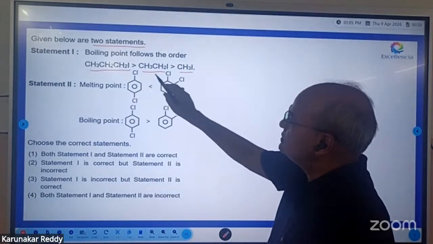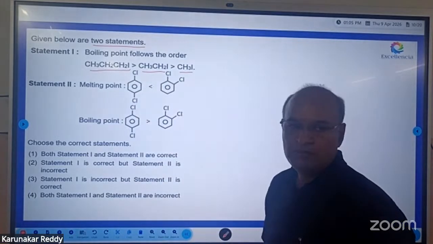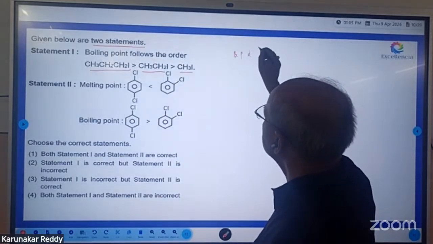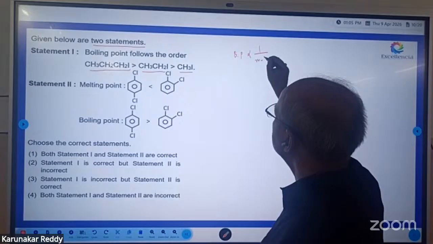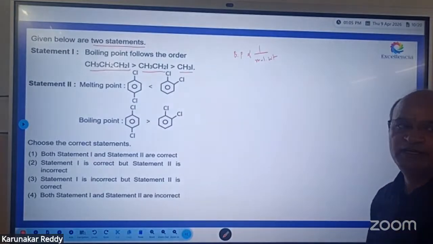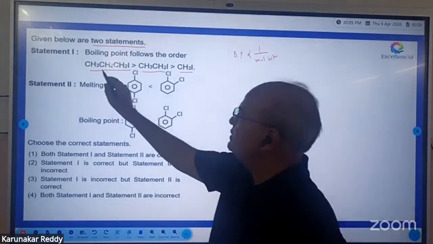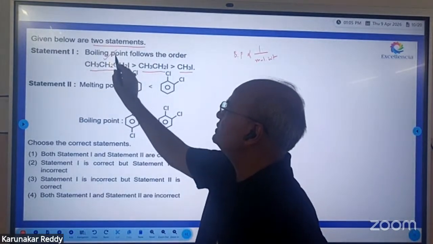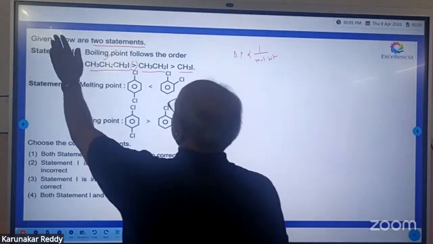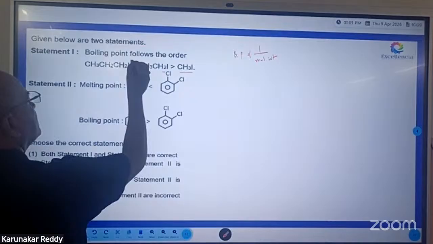In that, as the number of carbons increases, molecular mass increases. Generally, as molecular weight increases, boiling point decreases. But here the molecular mass is greater, and he is saying the boiling point is greater. So you may say this will be an incorrect statement.